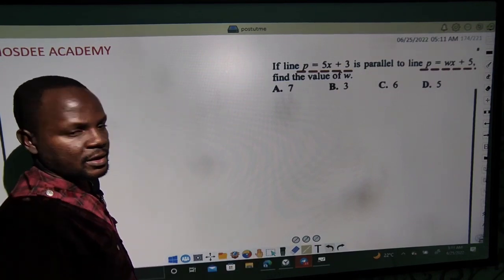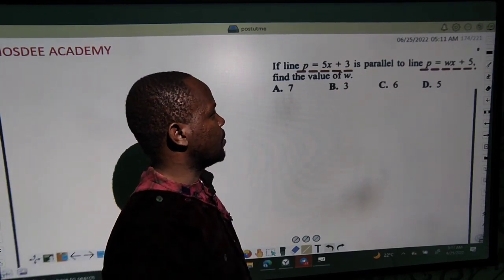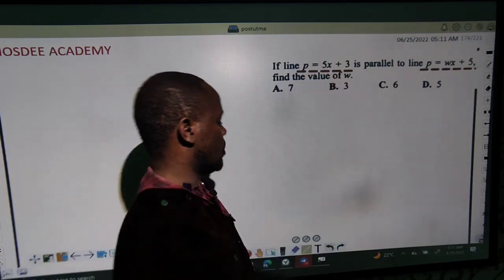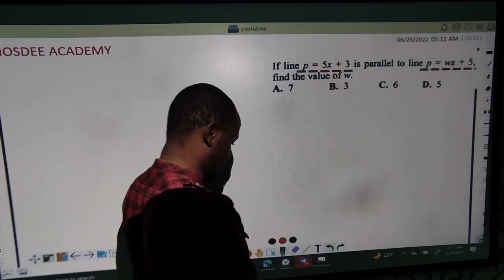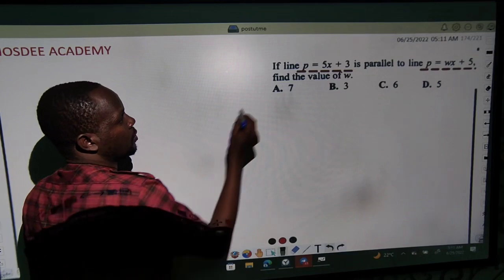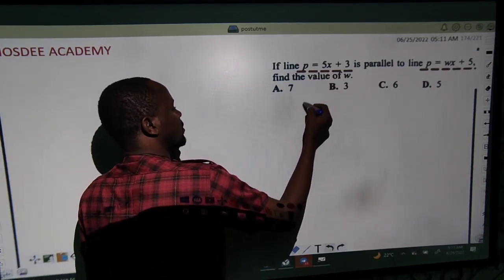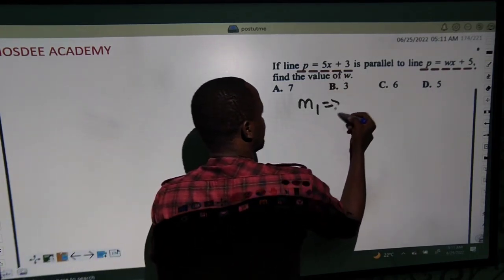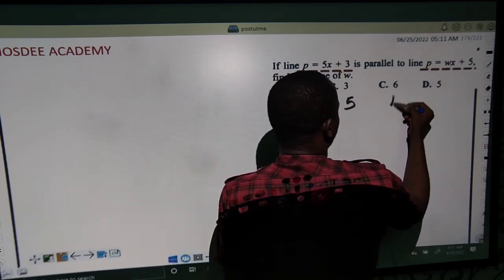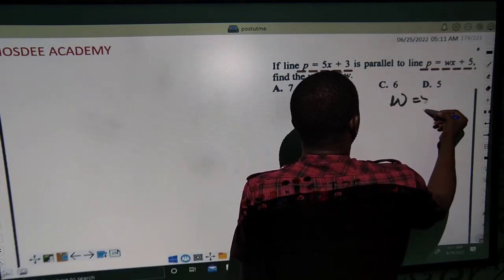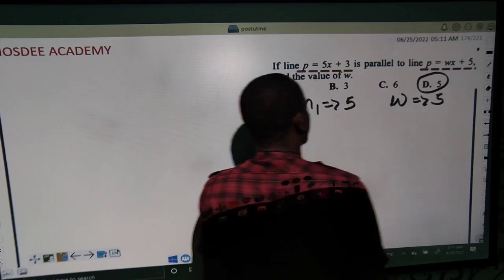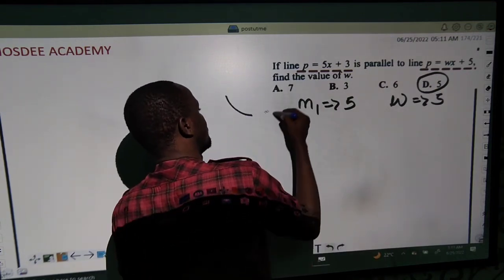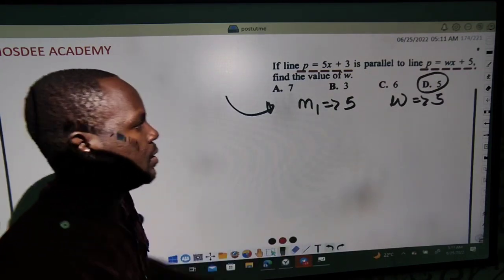So that means the gradient of this one, y equals mx plus b, or y equals mx plus c, whichever you are using, is the coefficient of x. So the first gradient here is 5. So definitely w, which is the gradient of this one, must also be 5. So that's the logic you have to use here. Nothing to solve. We are in a speed solution era, and that is that.